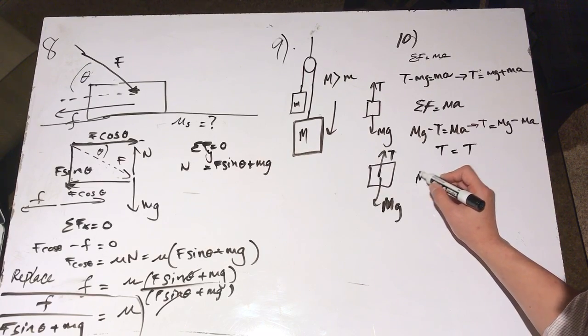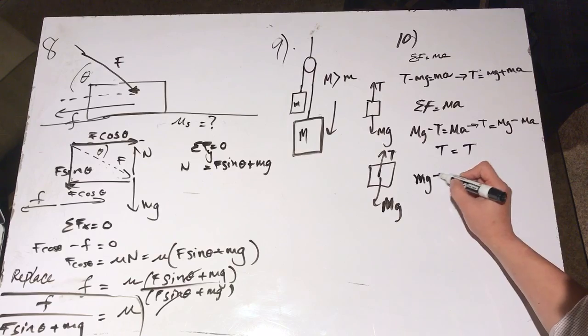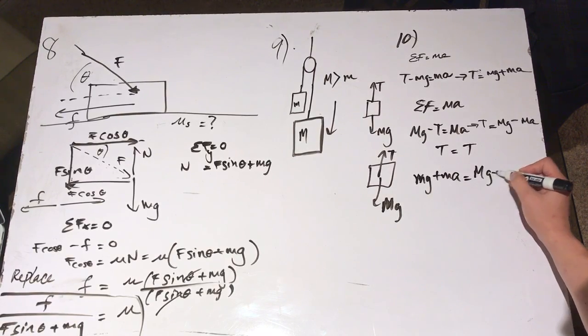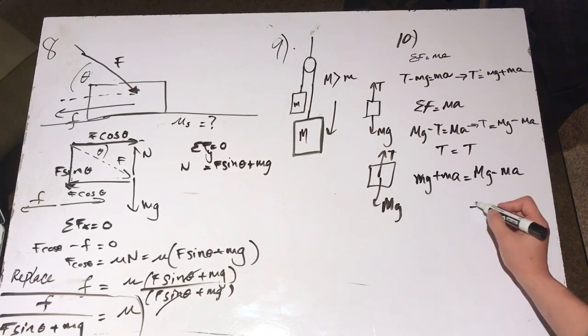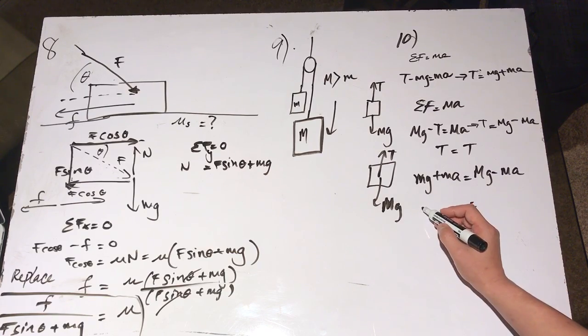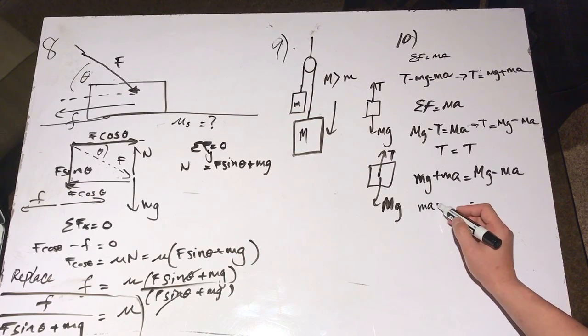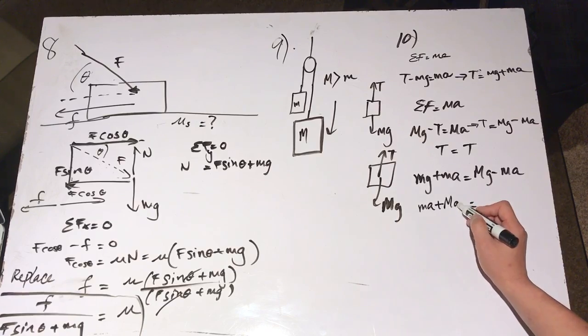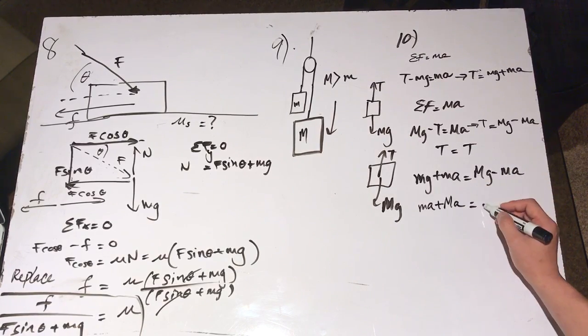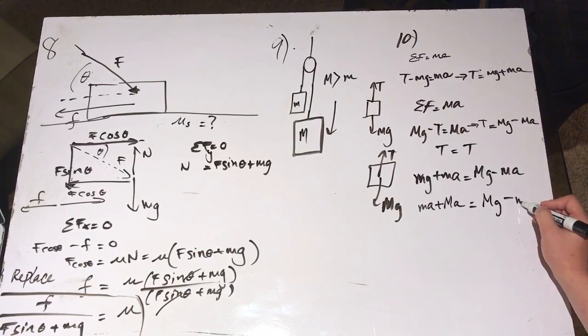So it will be small mg plus ma is equal to Mg minus Ma. Combine the terms, so it will be ma plus Ma. I subtract this side over here, and it will be Mg minus mg.